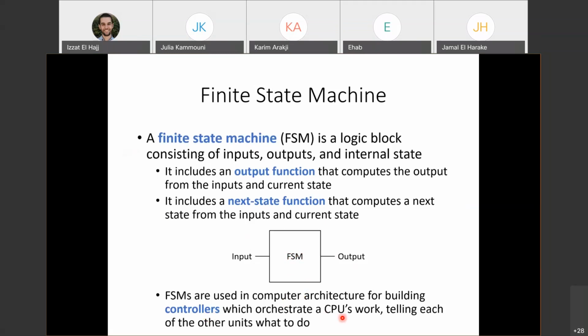So we're going to look at finite state machines abstractly today, and we're going to do an example of how to use a finite state machine, not in a CPU, but in a different setting. And later on in the course, we might revisit finite state machines and how we use them to build controllers.